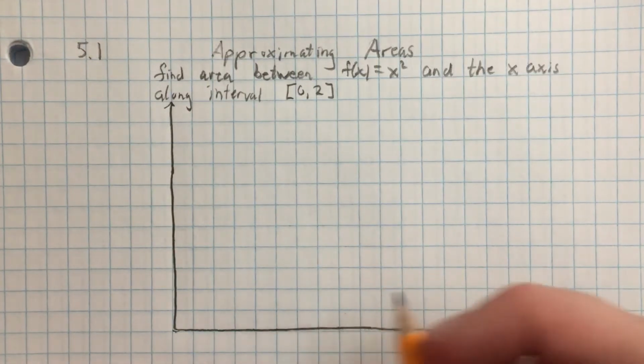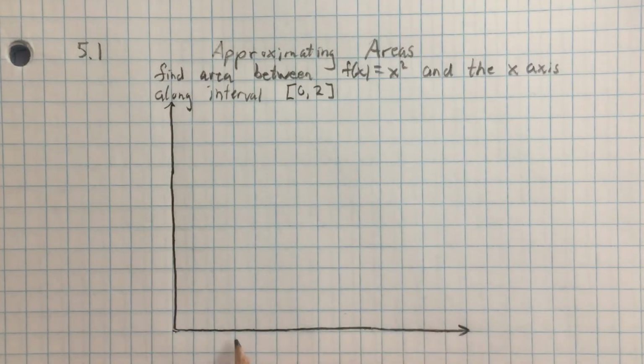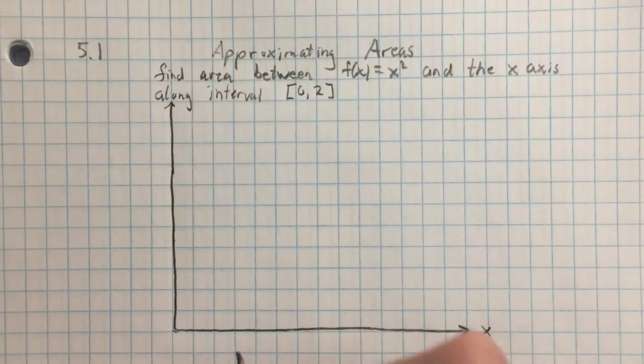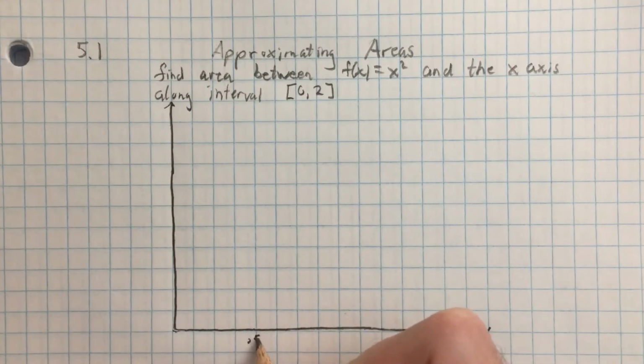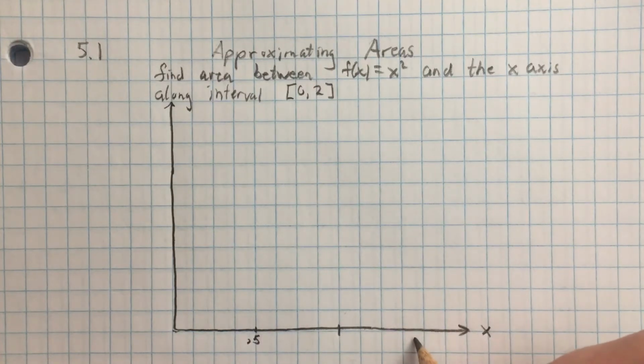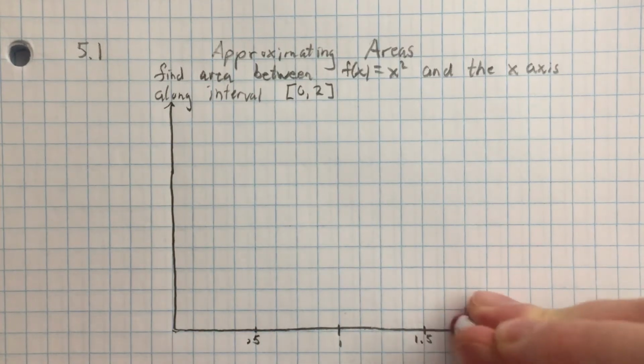All right, so if I draw from 0 to 2, I'll scale the x-axis in such a way I can see a little bit more here. We'll call this 0.5. Call this 1. This will be 1.5. And I'll extend this just a little bit further.